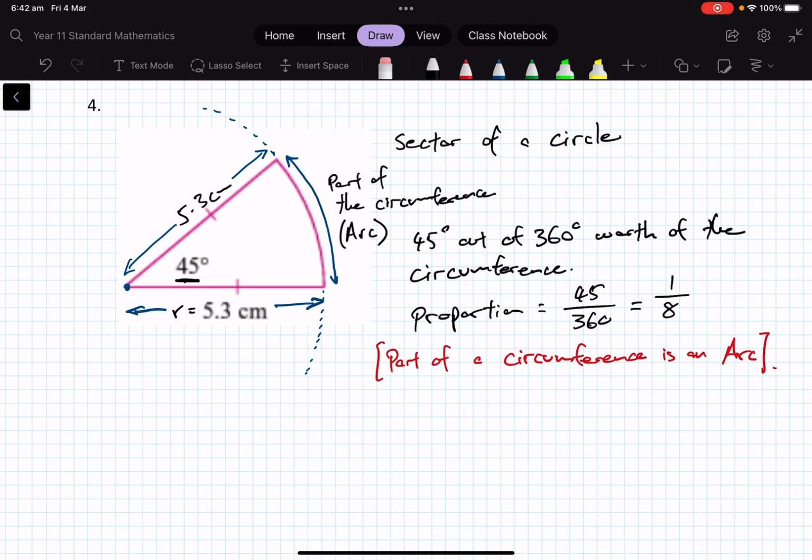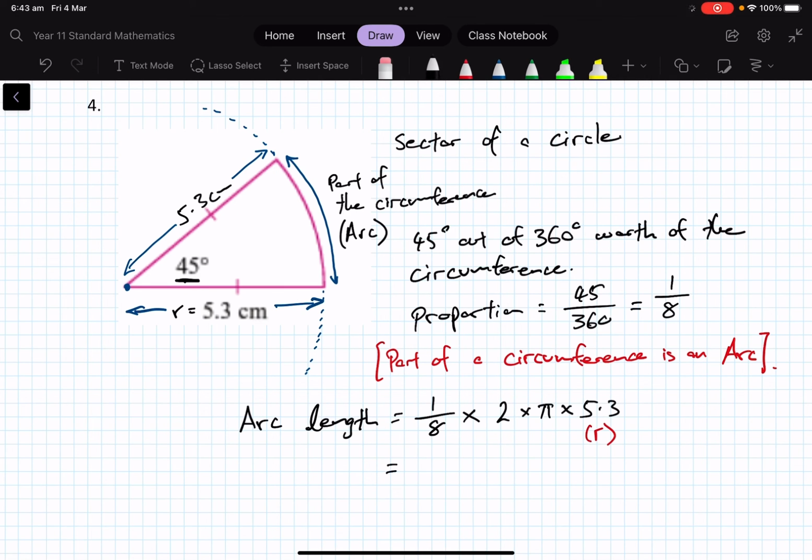So 1/8. The arc length is equal to 1/8, the proportion of the circumference, multiplied. So 1/8 of, and 'of' is used by multiplication, 2 pi r, which we saw before, which is 2 times pi times 5.3 in this case. That's my radius.